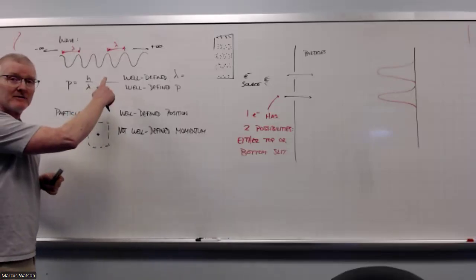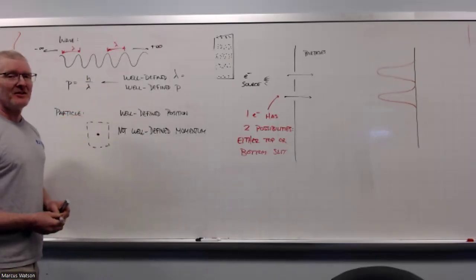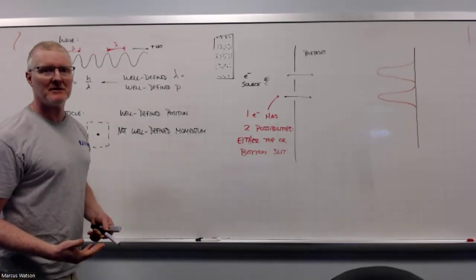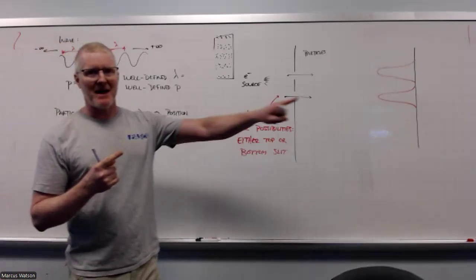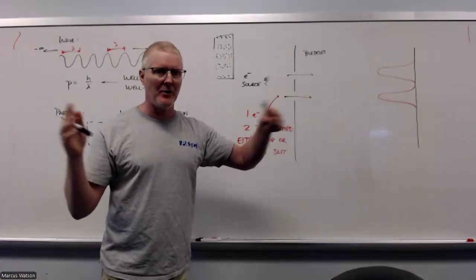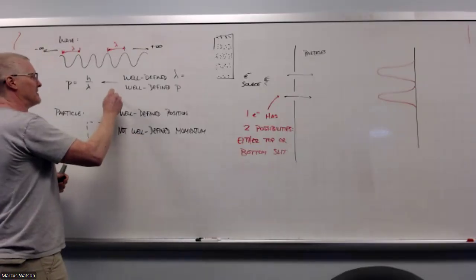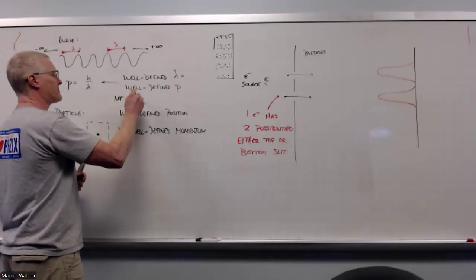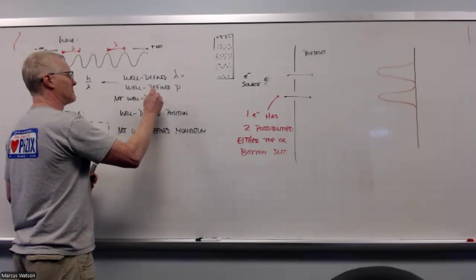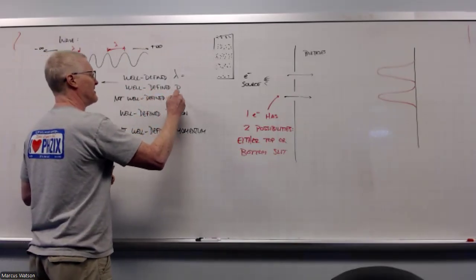What about the wave? It has a very well-defined momentum. But what is its position? Well, this wave extends mathematically out to infinity and minus infinity in both directions. So how can it have a position? It has a very ill-defined position.